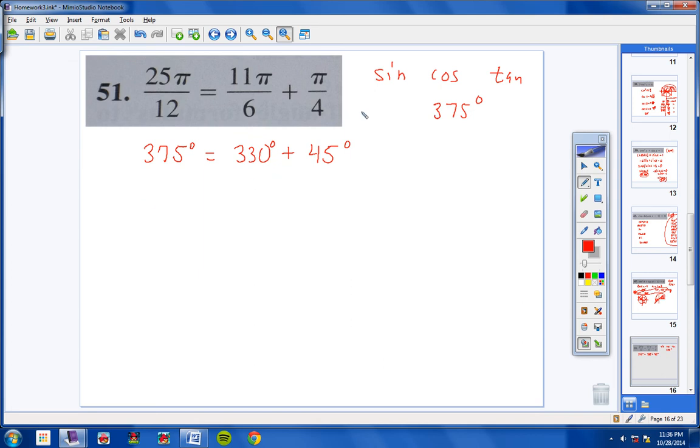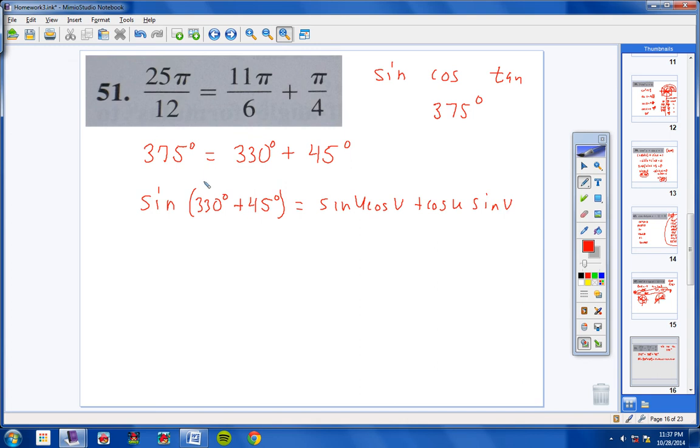Instead of finding the sine of 375, we're going to find the sine of 330 plus 45, which is the same thing as 375. Now we have a trig identity that looks like this. Let me look at my notes here. It would be sine u cosine v, plus cosine u sine v. Okay? Like this.